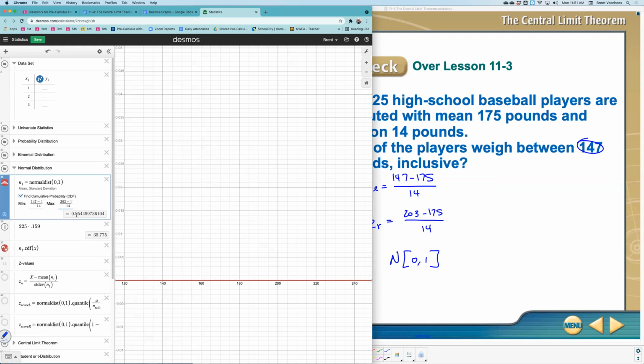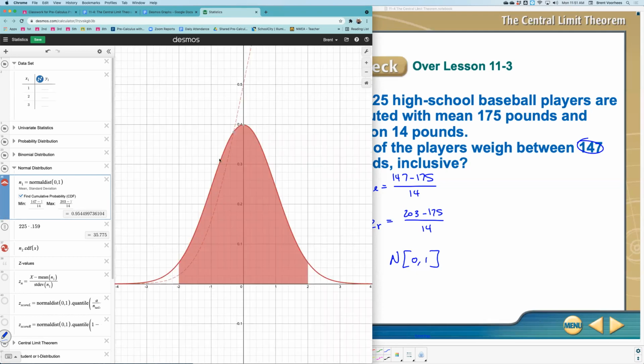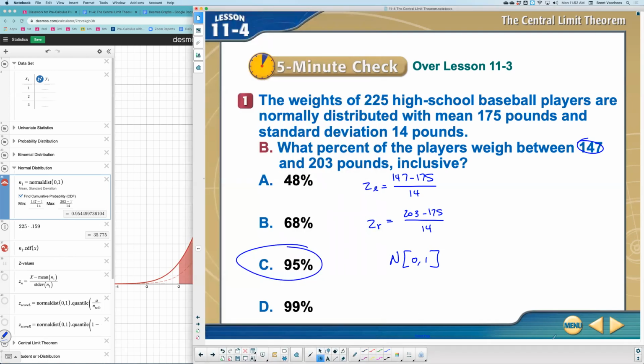And you see you get the same number that way as well. This puts the normal distribution back at the origin, so you're seeing it standardized, made to be the standard normal. That's why we call it standardized to a mean of 0 and a standard deviation of 1. So either way, that's how you can get your answers there.